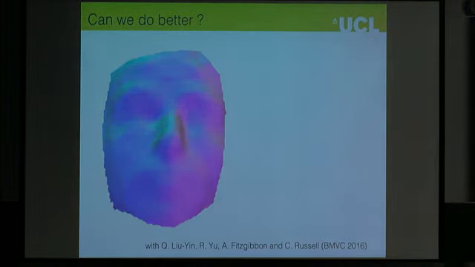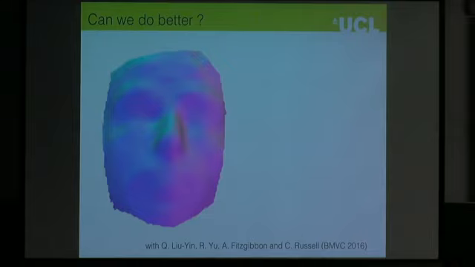Okay, so we were very pleased with this level of reconstruction. Also, the nice thing about the previous algorithm that I showed is that it's almost real time. We can solve quite quickly, maybe 1 frame per second, and at times even faster than that. The deformations that we're recovering are good, but something that we realized very quickly was that we're not exploiting all of the information that's in the image.